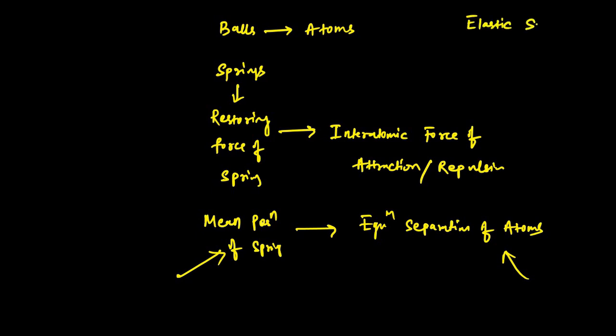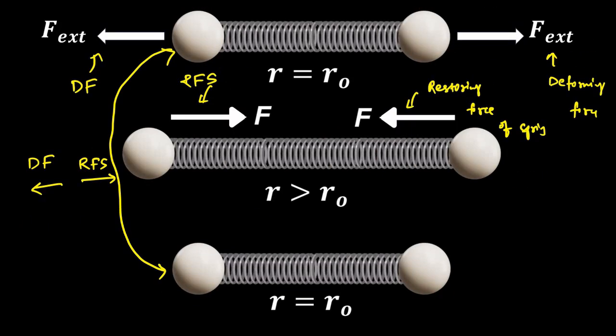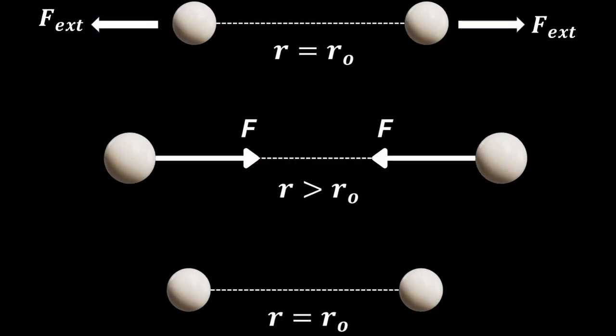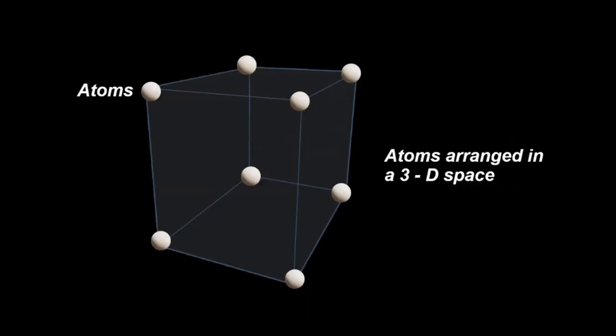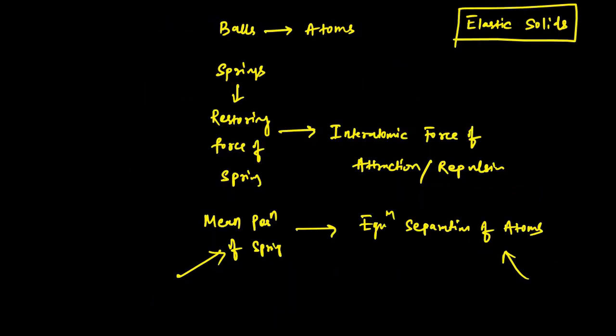This is only applicable for elastic solids. Always remember this. So this is the explanation of the interatomic forces in elastic solids in terms of the spring ball 3D model.